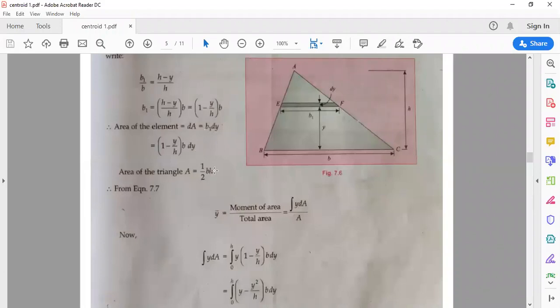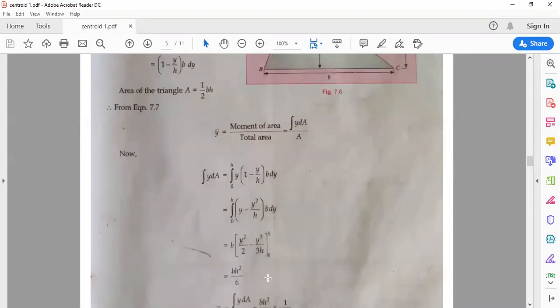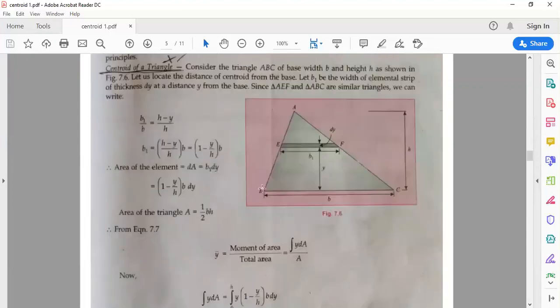They represent it as moment of area divided by total area, the integral of y dA, and finally they also get h by 3. So y bar equals h by 3. From the base, the centroid of the triangle lies at a distance of h by 3.